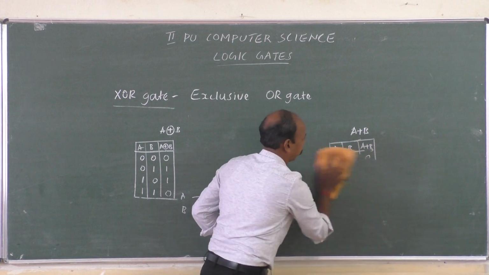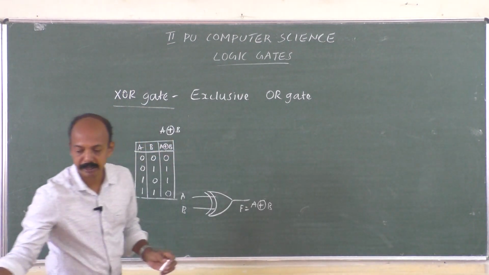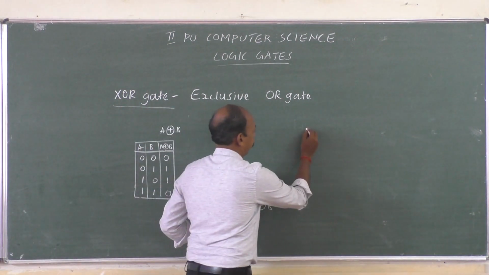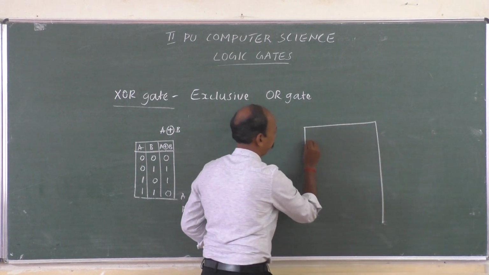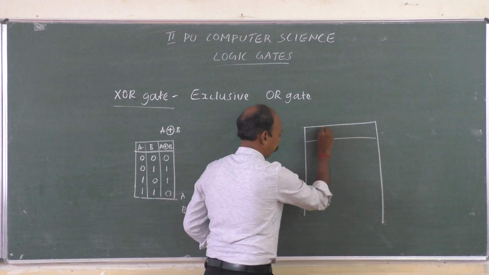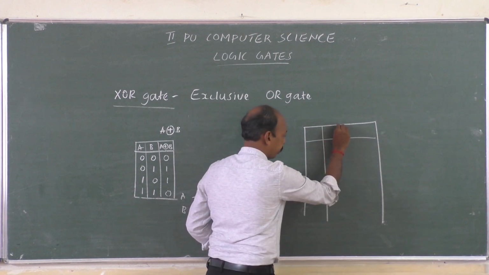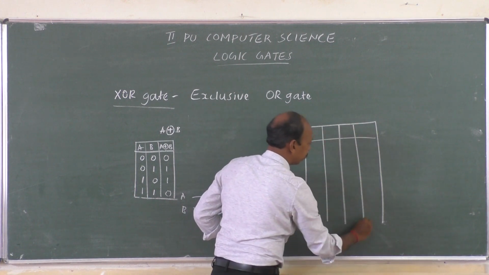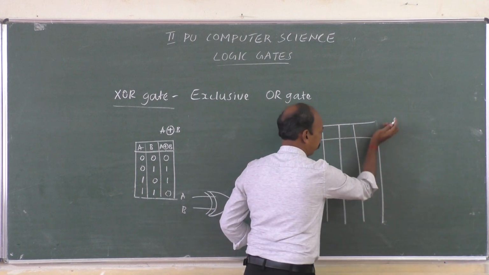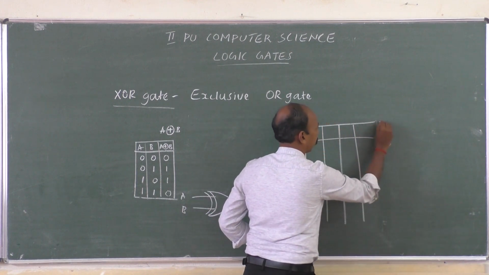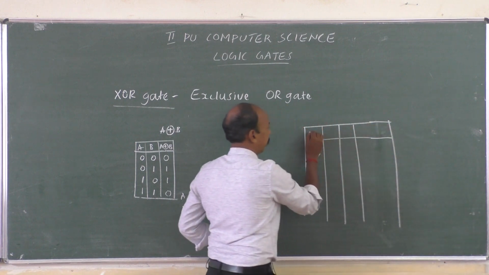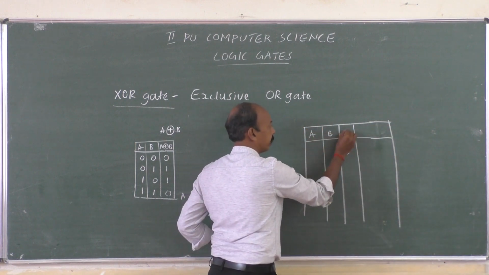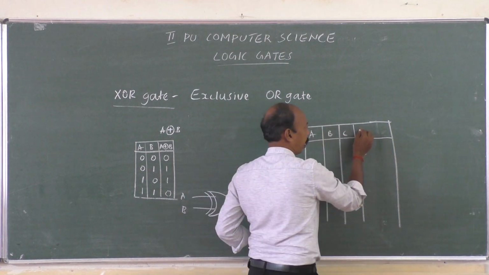3 input XOR gate. Let us see what happens here. A, B, C. So how to write?